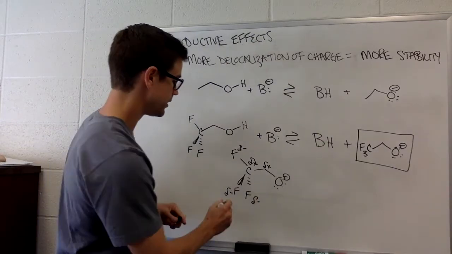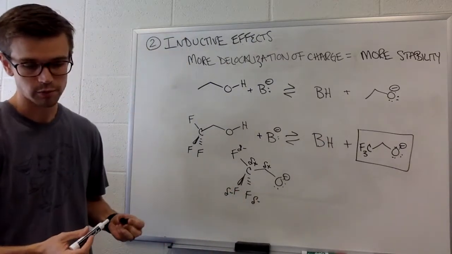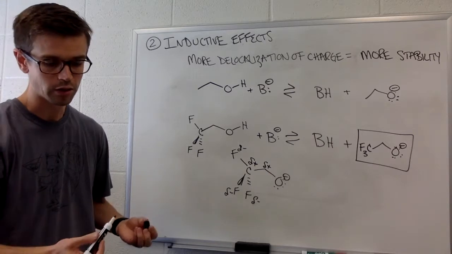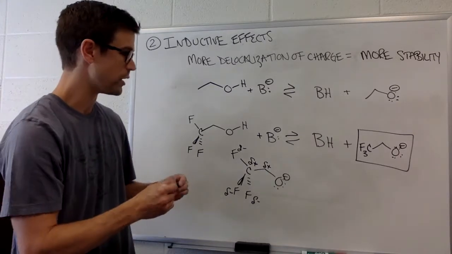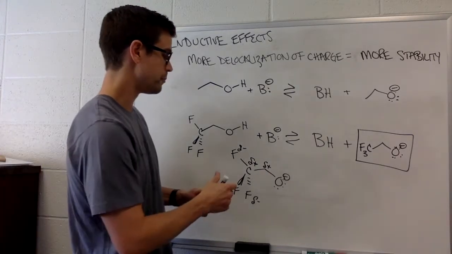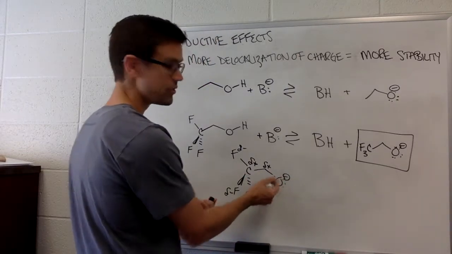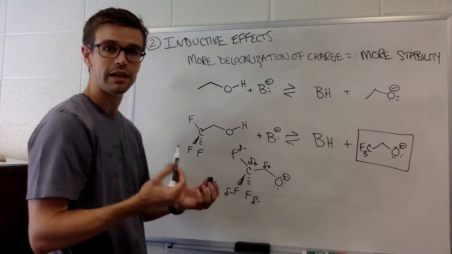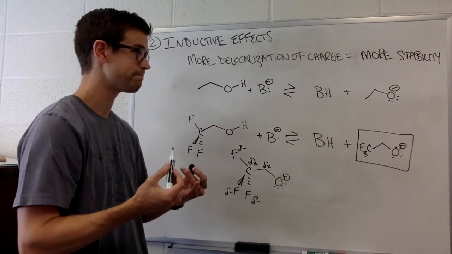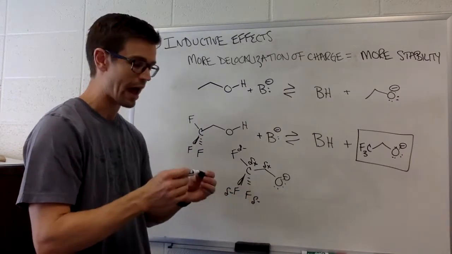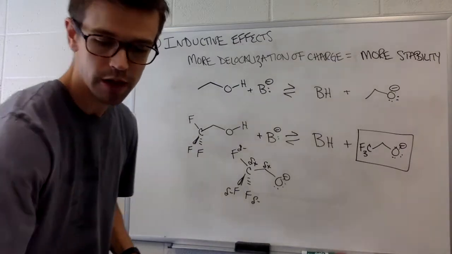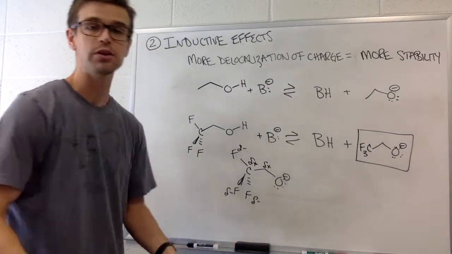So this induction allows for the electron delocalization. Because of the induction, this negative charge seems to be less focused on that one atom and more spread out through the molecule. And you can see this with computational data.